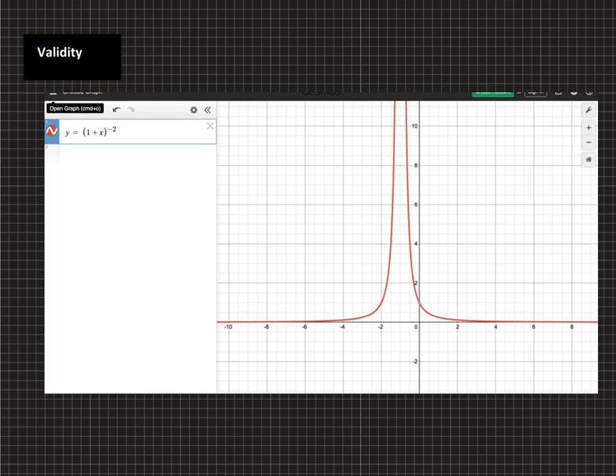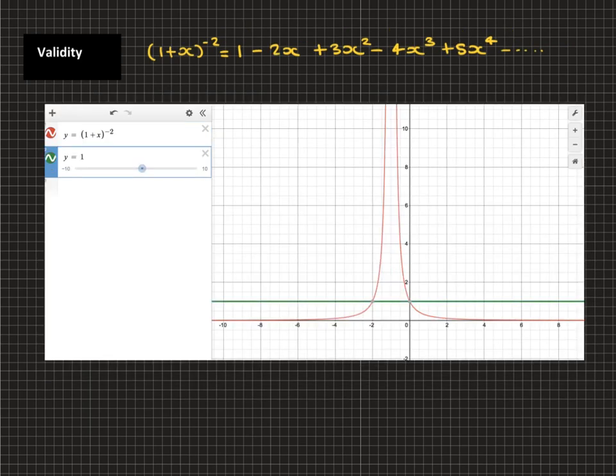Now, if you recall, the expansion that we wrote down for y equals 1 plus x to the power of negative 2 was equal to 1 minus 2x plus 3x squared minus 4x cubed plus 5x to the power of 4, etc. And what we're going to do is take sections of that, plot the graph of the sections, adding an extra term each time, and see how closely this resembles the graph of the actual function 1 plus x to the negative 2.